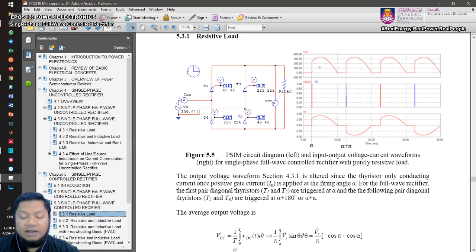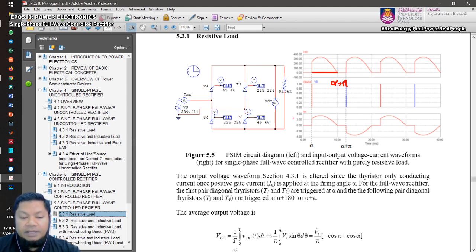So if you increase the alpha value, you're going to see that your area becomes smaller, and therefore the average of the output voltage will be smaller until you have alpha equal to pi, and you're not going to see any waveform at all. When alpha equals pi, you have zero voltage at the output.